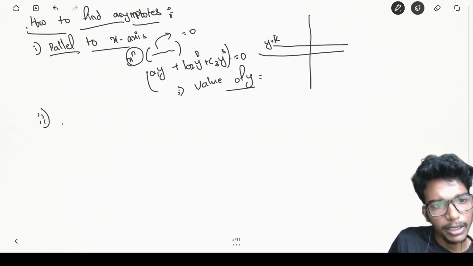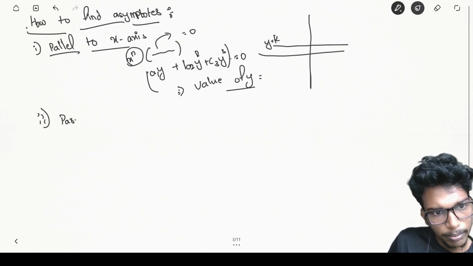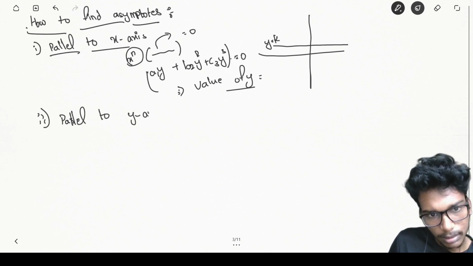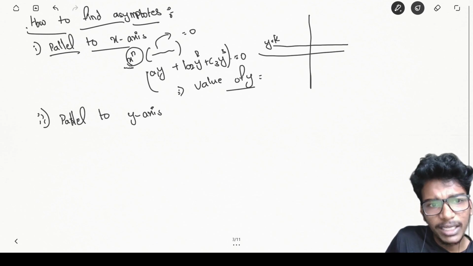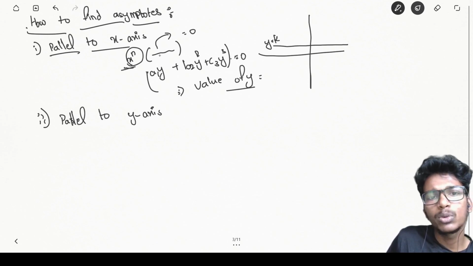Second type of asymptote, parallel to y-axis. Same like to find an asymptote parallel to x-axis, we consider the highest power of x and we equate its coefficient to 0.